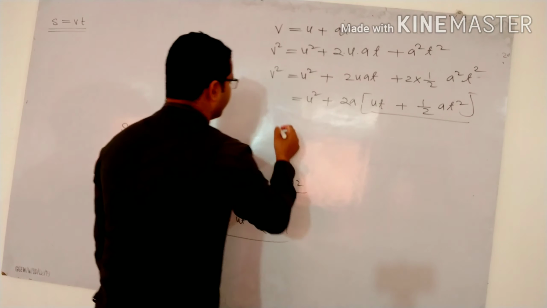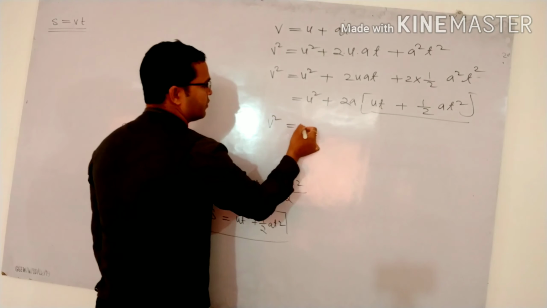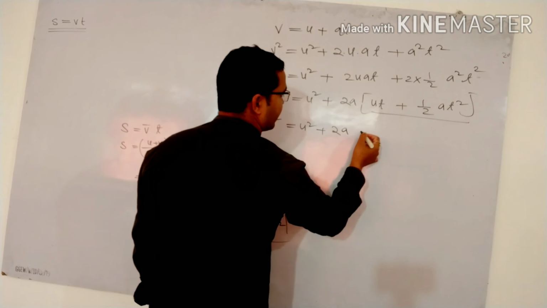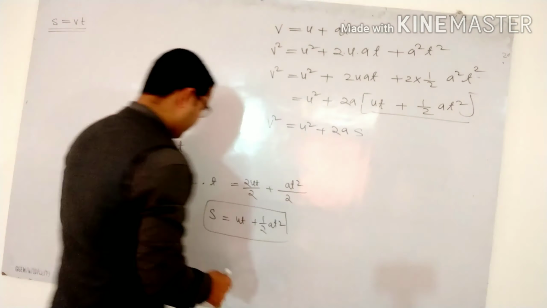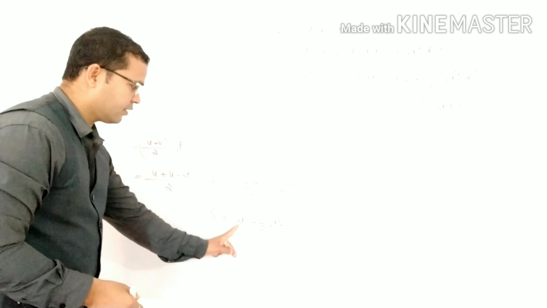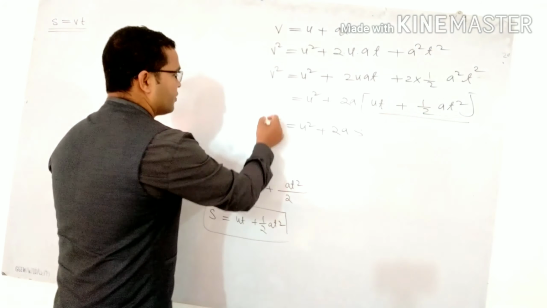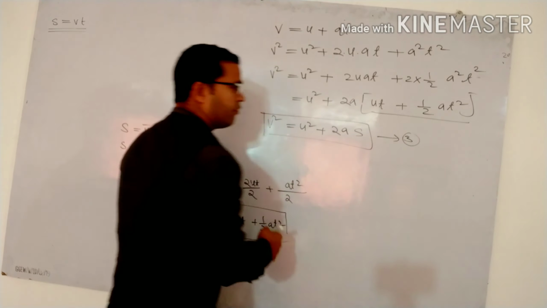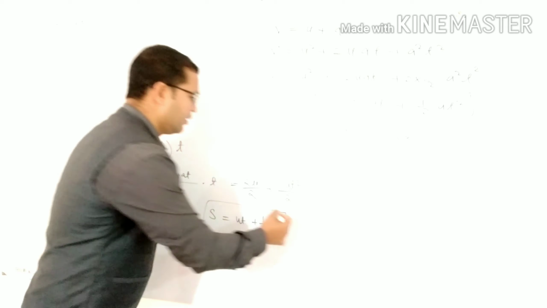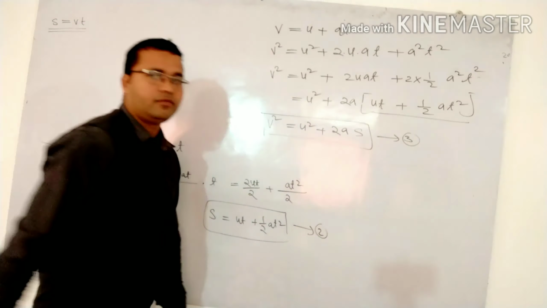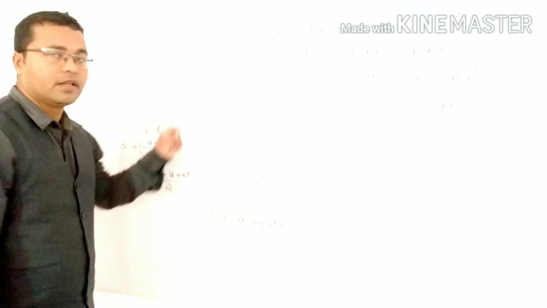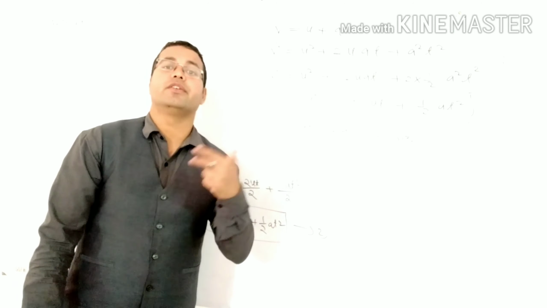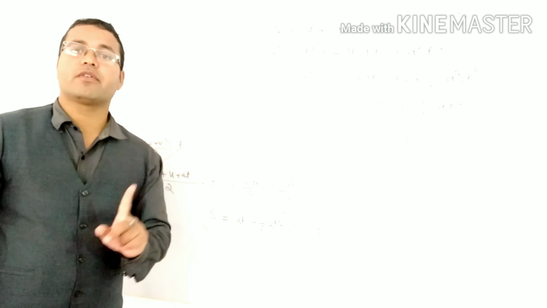So we can write v square is equal to u square plus twice a. In place of this, I can write s, already derived here: s is equal to ut plus half of at square. So this is the third formula for non-uniform velocity. Again I repeat, the formula s is equal to vt is valid for only uniform velocity, and for non-uniform velocity we have three formulas.